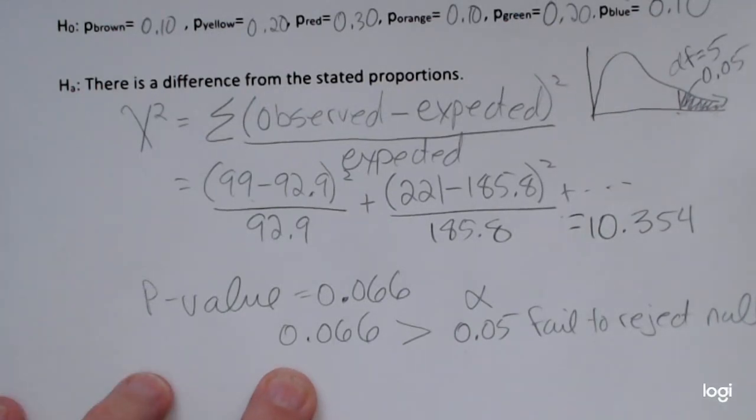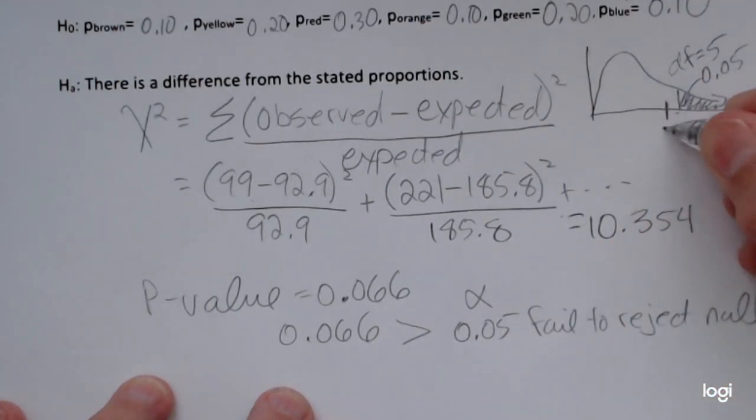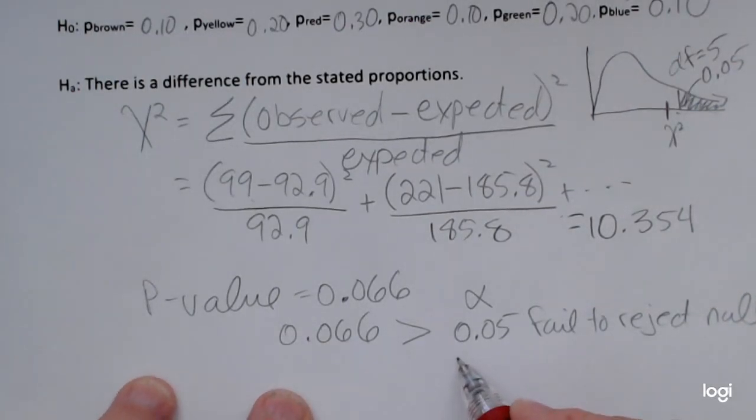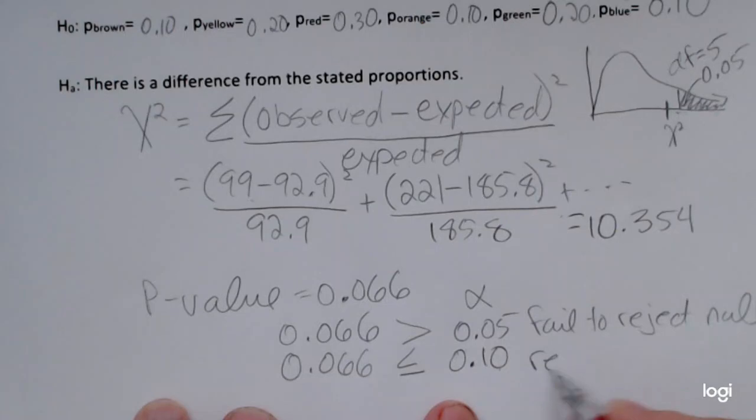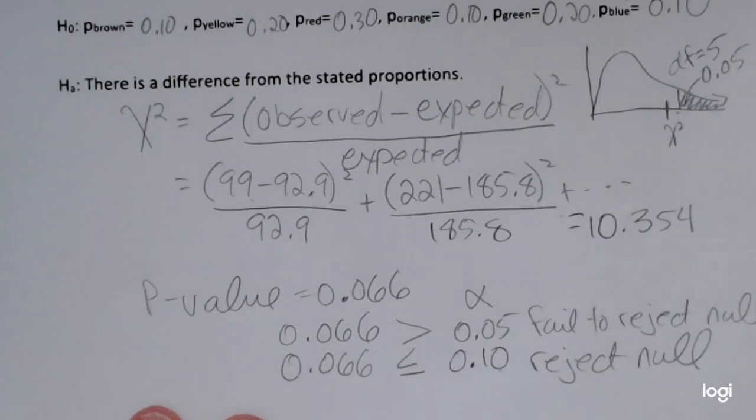Visually, what that would mean is that our test statistic, and it's pretty close here, would be somewhere right here. If our level of significance was changed to 0.10, this p-value is less than or equal to this, and the decision would be to reject the null. So it's important, if you're using the p-value method alone, to keep in mind what the level of significance is. If it's greater than your level of significance, you're going to fail to reject.